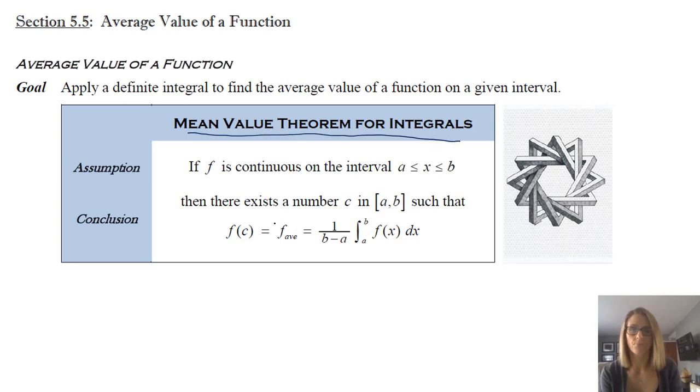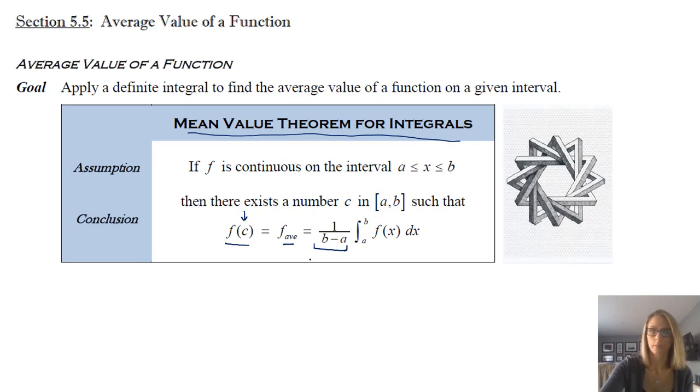And all it says is that there is some y value, and moreover some c value, such that it is equal to 1 over b minus a, which is simply the length of the interval, times the integral from a to b of f of x dx. And it's what's considered the average value of the function.